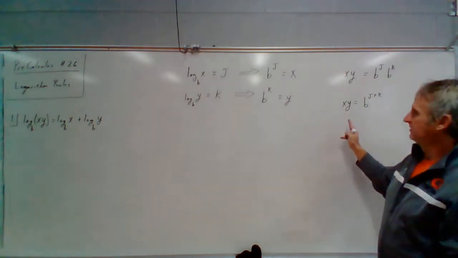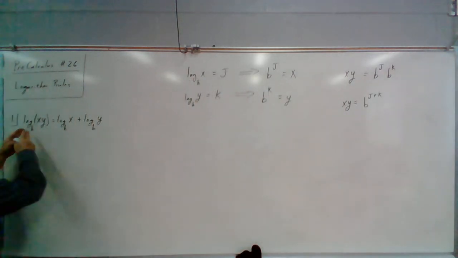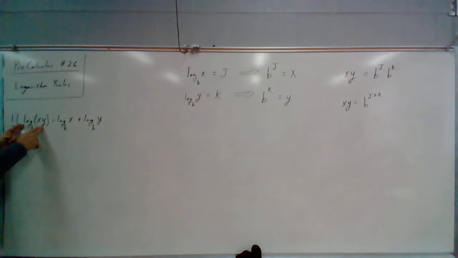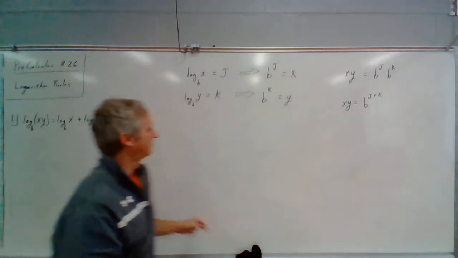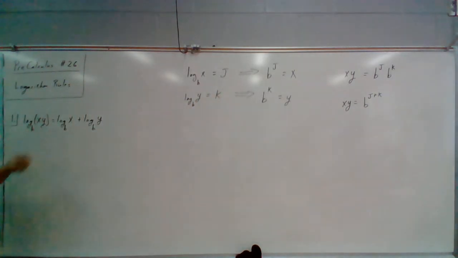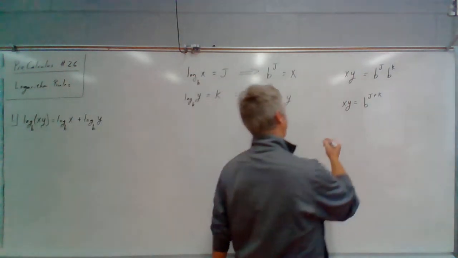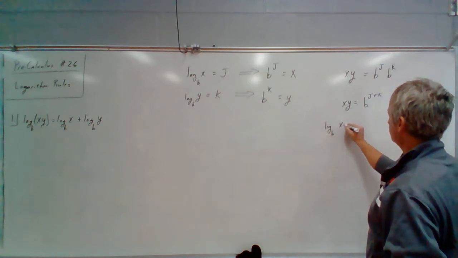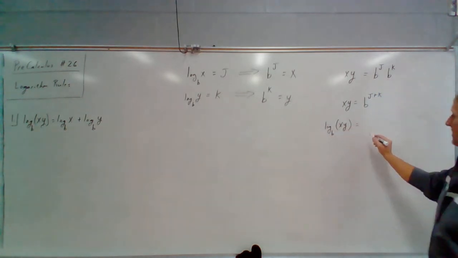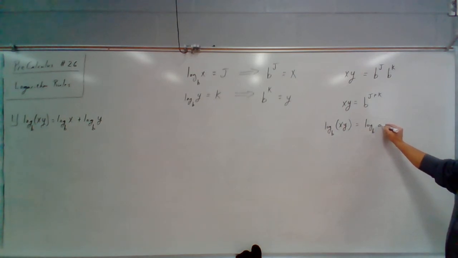Now, notice that in the rule that we're trying to prove, I have log base b of x times y, and then some logs over here. Here I have an x times y. Here I need a log base b of x times y. So what if we just took the log base b of both sides? I'm going to do the log base b of this side, and log base b of this side.